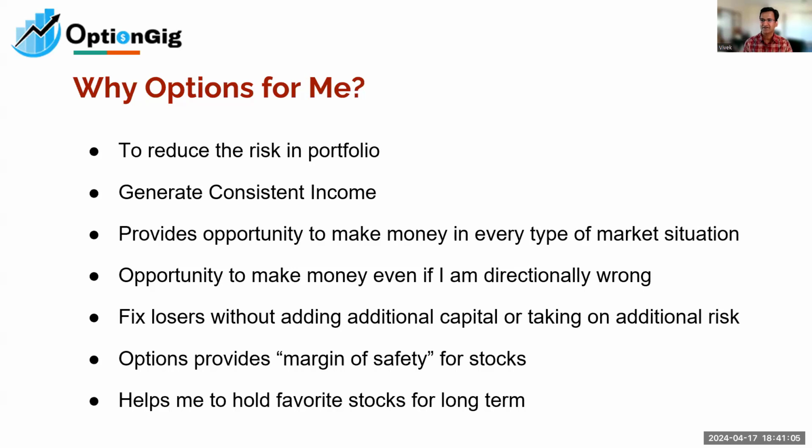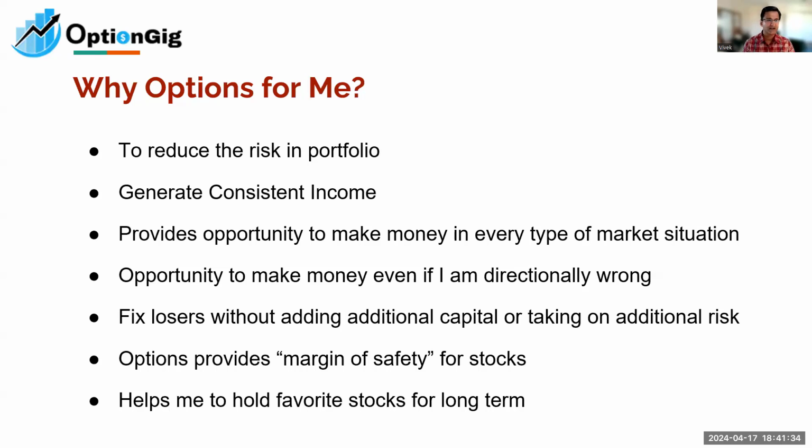The stock is at 100, went to 50, let's buy more. Let's put in more capital. But if you're putting in more capital, you're adding more risk to your portfolio. Who is to say that the stock is not going to go down further? But if you understand options, you can actually fix those losing stocks without adding more capital.